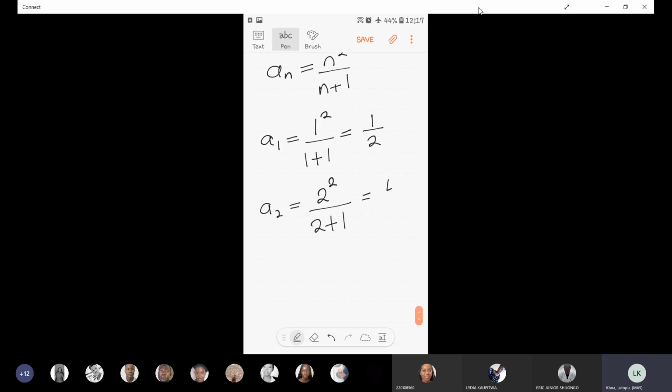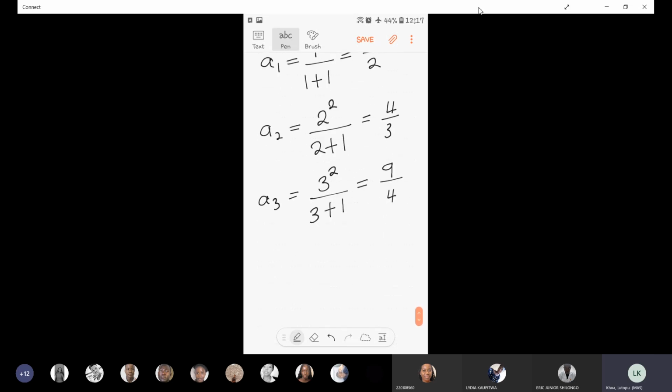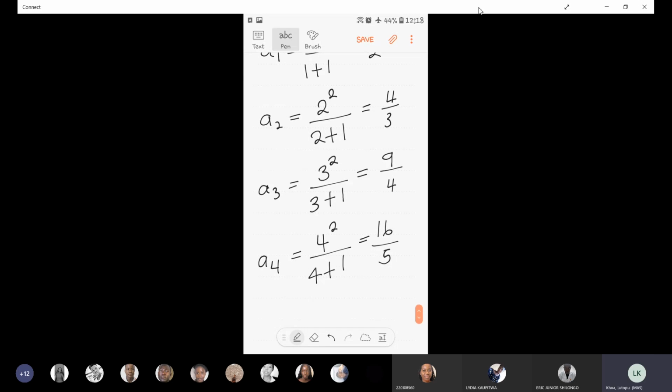So this is 4 over 3. Then a3, this is 3, we square it, divided by 3 plus 1. This is 9 over 4. And then a4, this is 4 squared divided by 4 plus 1. This is 16 over 5.